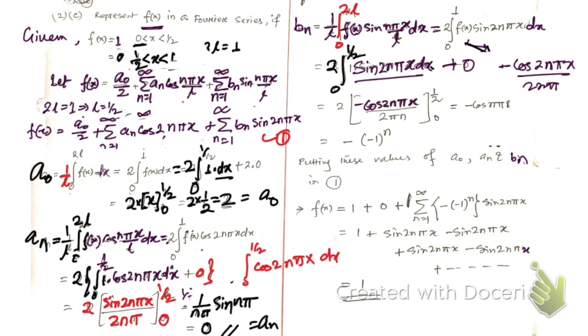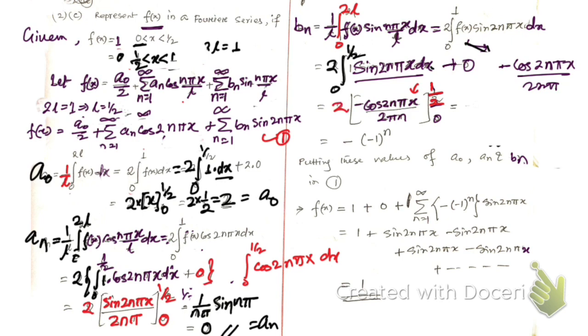So this is 2 pi n and 0 to half, so here the 2 cancels. Just let me show you one thing. Again, if you replace x by half, that means put the upper limit and lower limit, then what you're going to have.